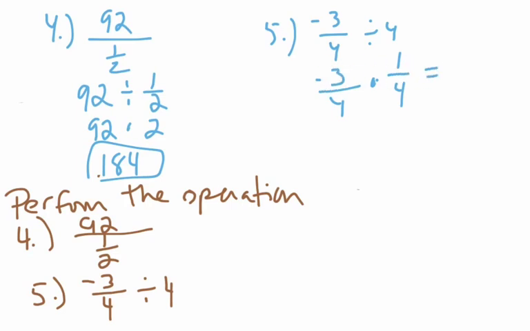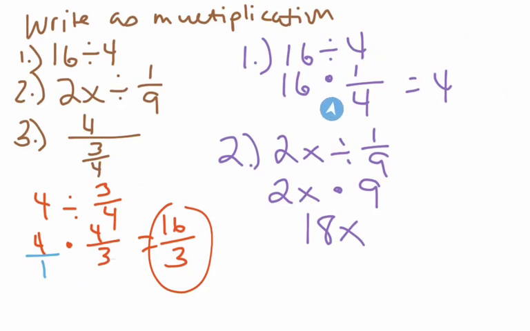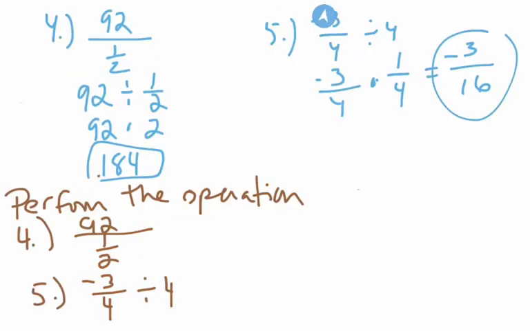So -3 times 1 is -3, and 4 times 4 is 16. So -3 over 16. These are problems where you legitimately do really want to kick in that definition. This one over here, probably not. It's not practical. But these ones, yeah, most of us need to envision this as the fraction with the multiplication in order to get it.